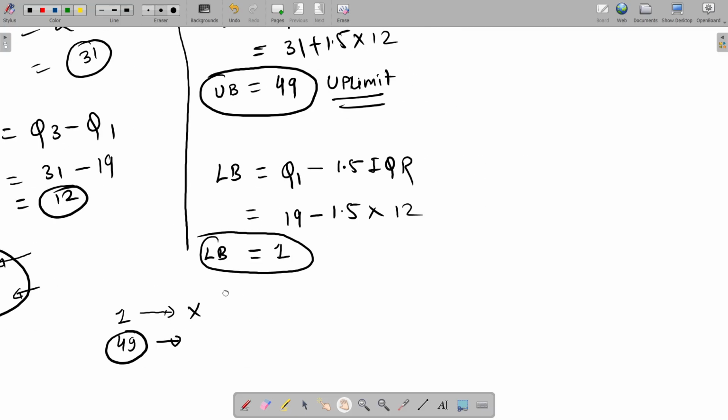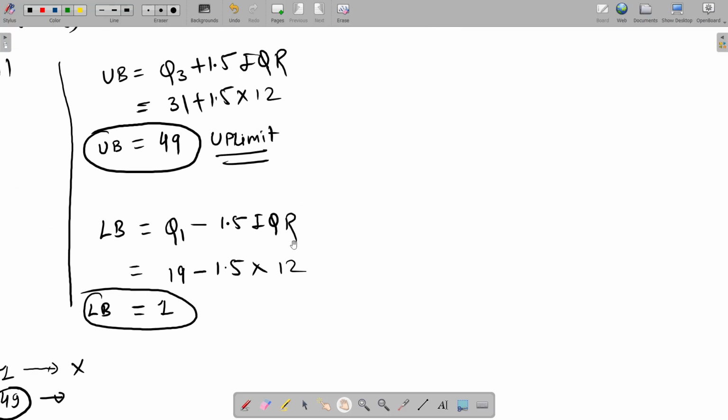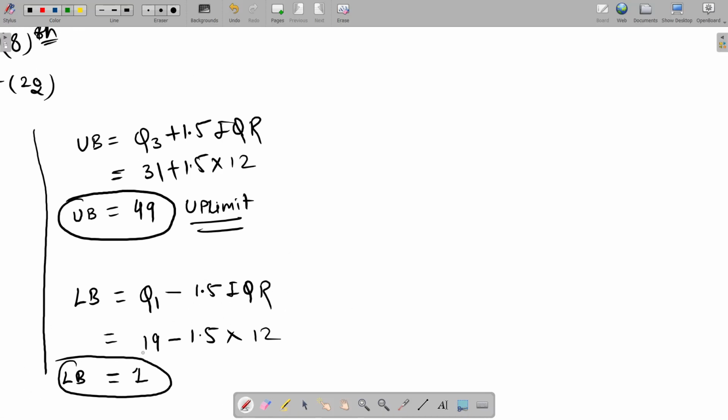Okay, you may ask one question: sir, why are we taking 1.5? Why do we use 1.5 times IQR? The answer is that the value 1.5 is a standard rule in statistics.